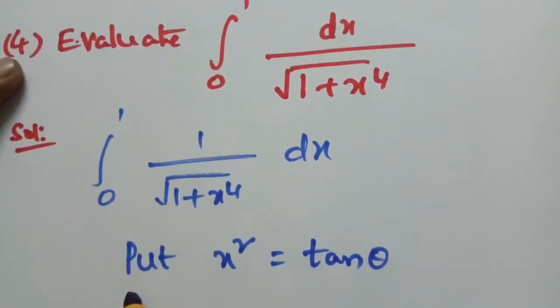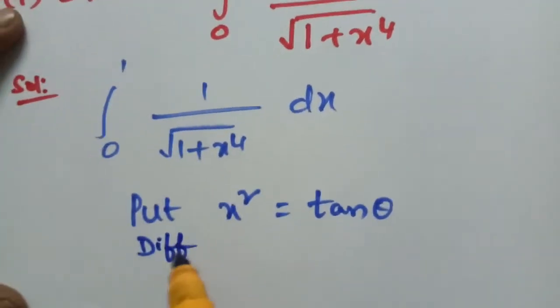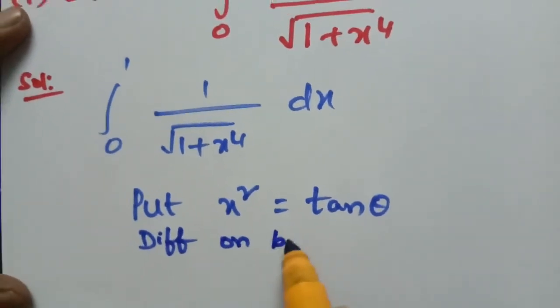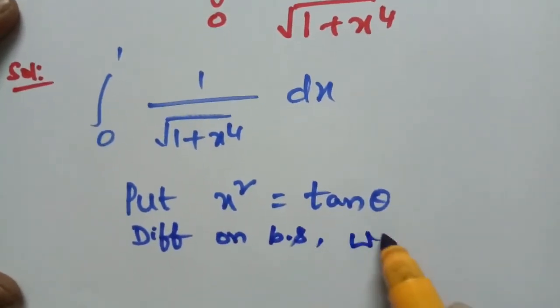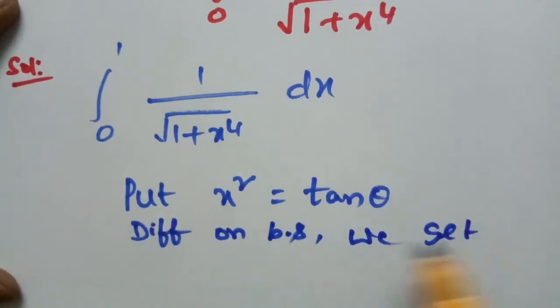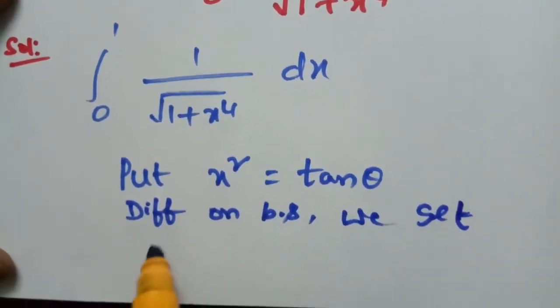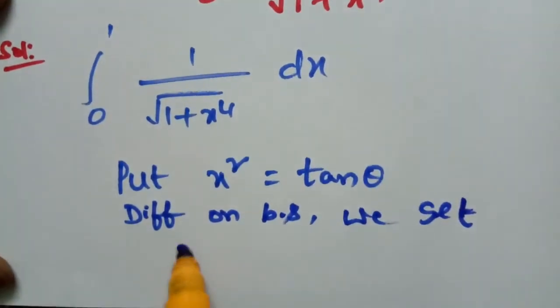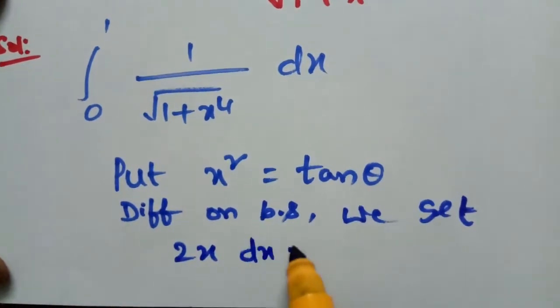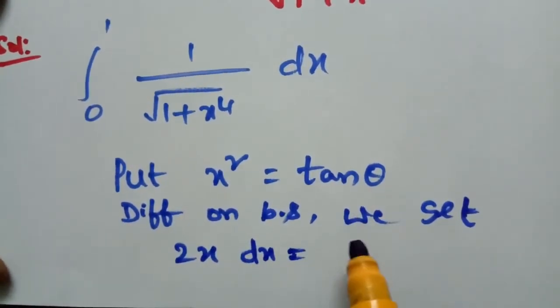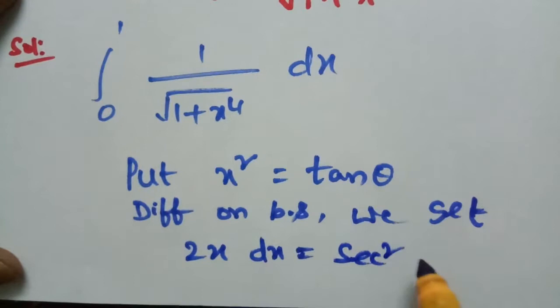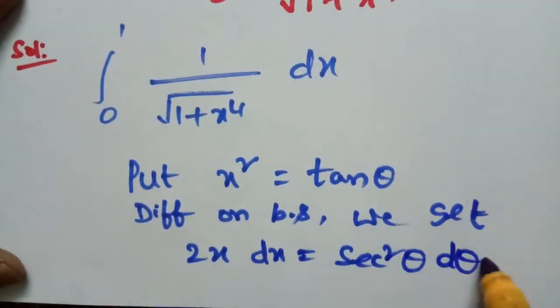Therefore, differentiating on both sides, we get: the derivative of x square is 2x into dx, and the derivative of tan theta is secant square theta d theta.